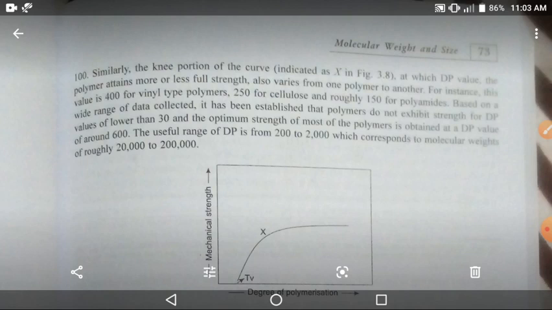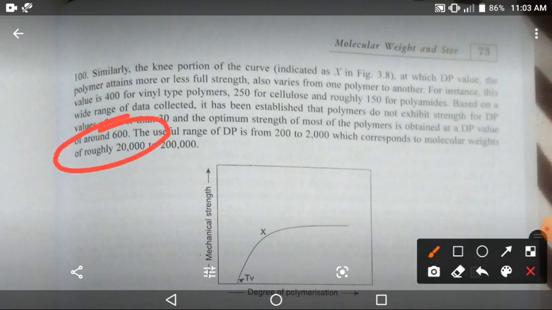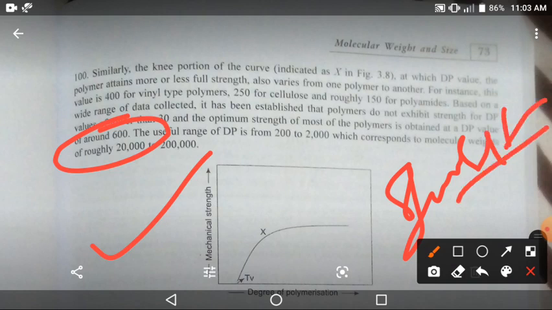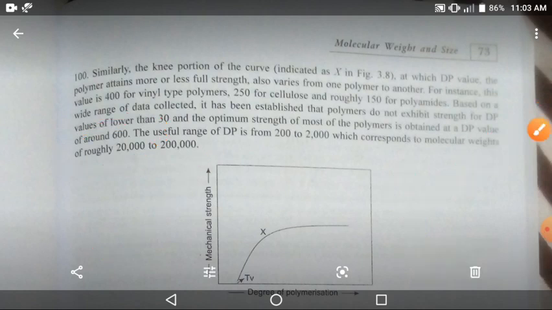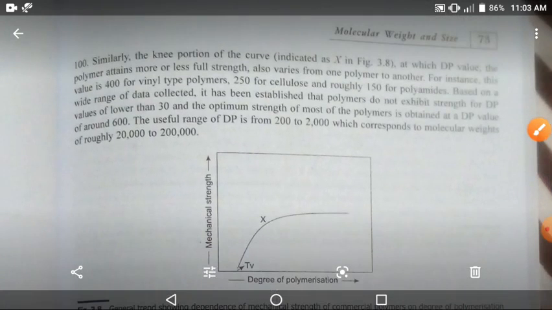Based on a wide range of collected data, it has been established that polymers do not exhibit strength for DP values lower than 30, and the optimum strength for most polymers is obtained at a degree of polymerization around 600. You have to look at this from the graph. So draw it in the diagram.